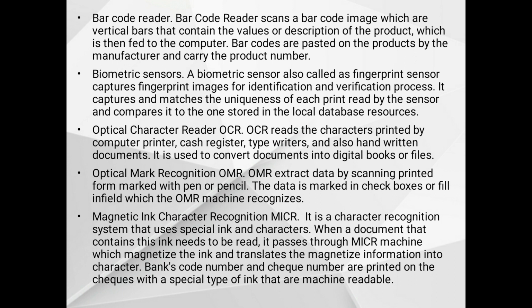In checkbooks, the bank code numbers and the check numbers are printed with a special type of ink, and the MICR machine reads those ink characters, which get magnetized and then converted into characters. The MICR machine does all of that.